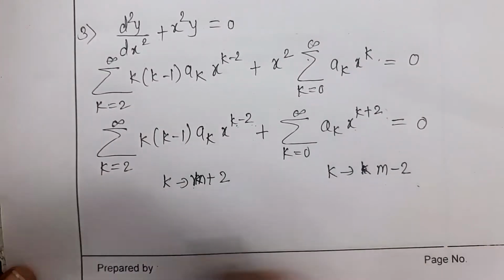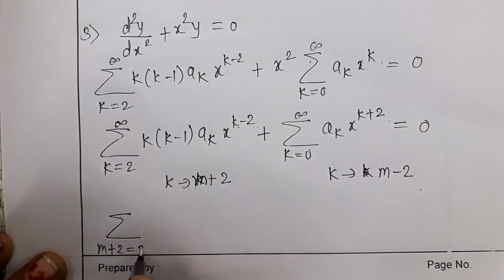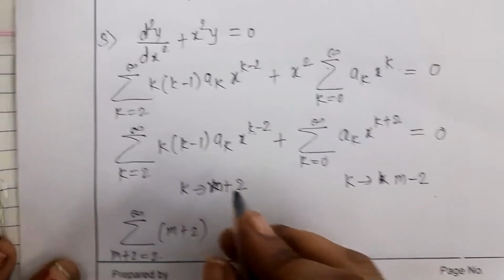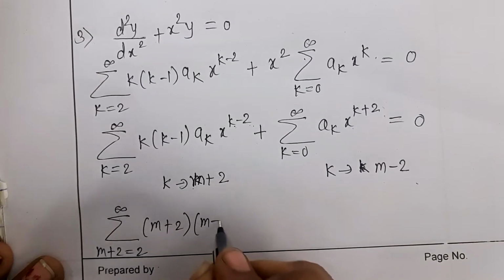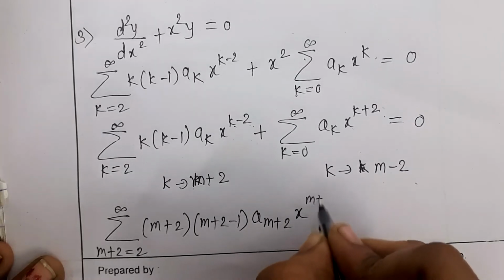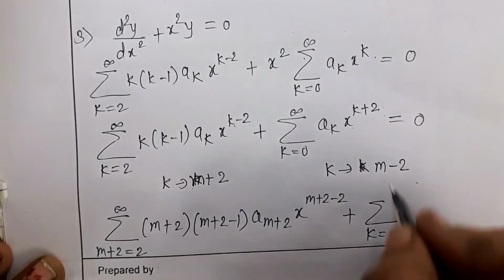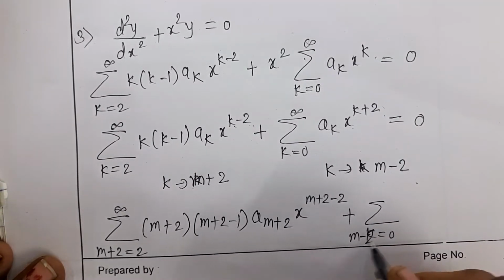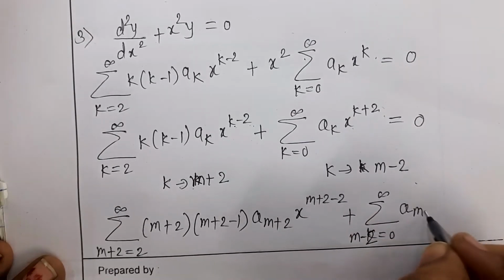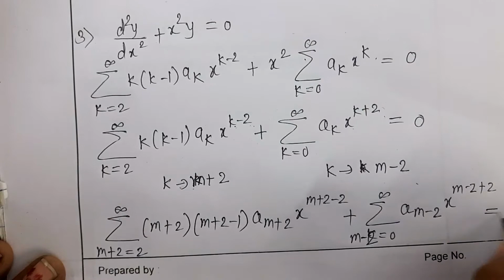Substituting in the above equation, in place of k we substitute m plus 2: summation from 2 to infinity of (m plus 2) multiplied by (m plus 2 minus 1) a_(m plus 2) x to the power m plus 2 minus 2, plus summation where k is again m minus 2, so m minus 2 equal to 0 to infinity, a_(m minus 2) x to the power m minus 2 plus 2, equal to 0.